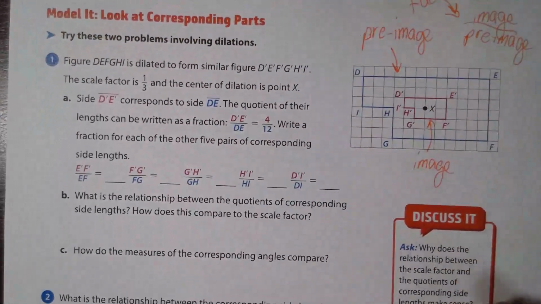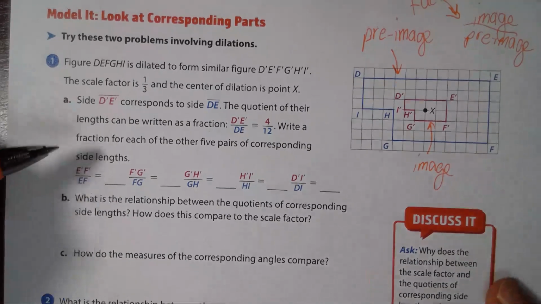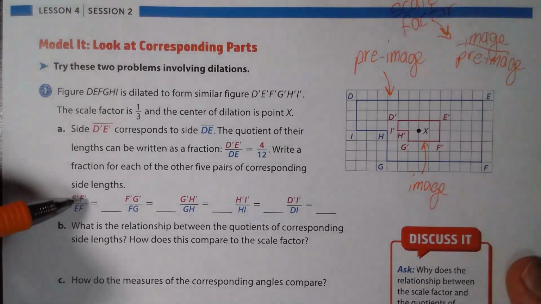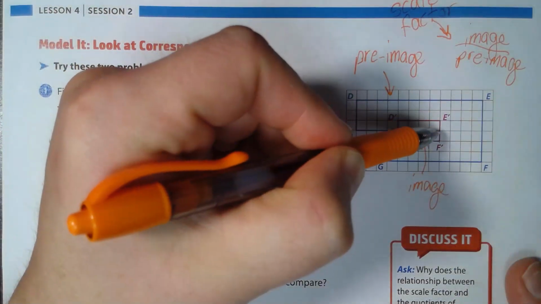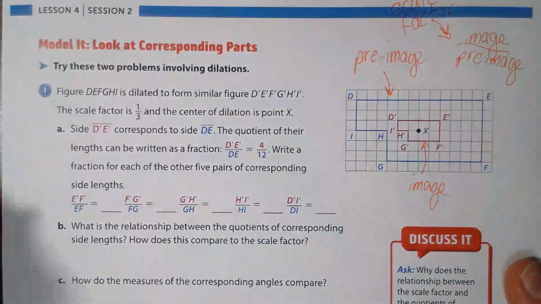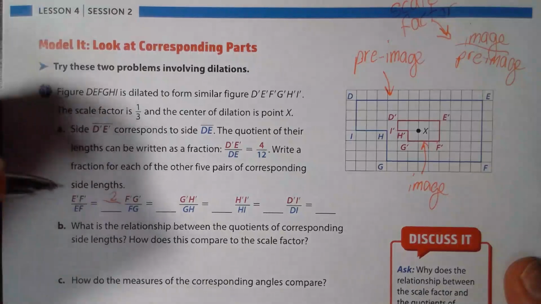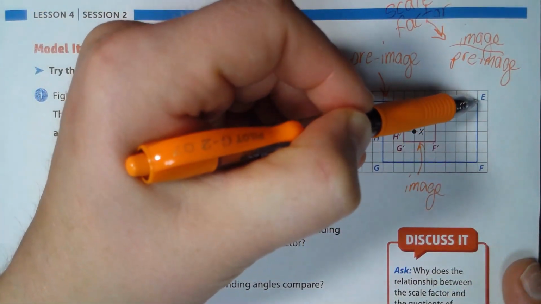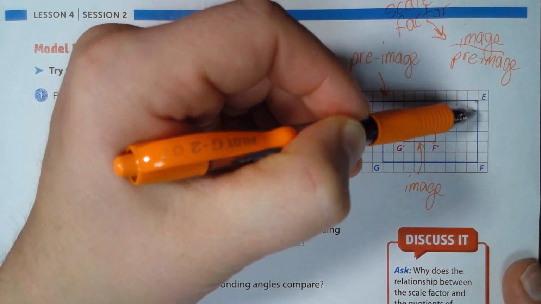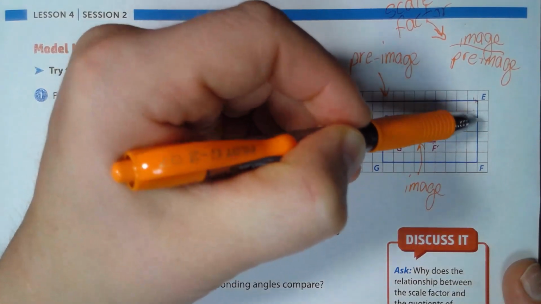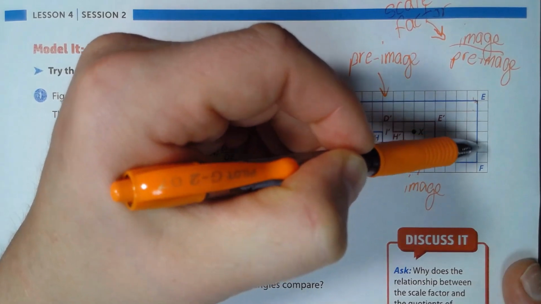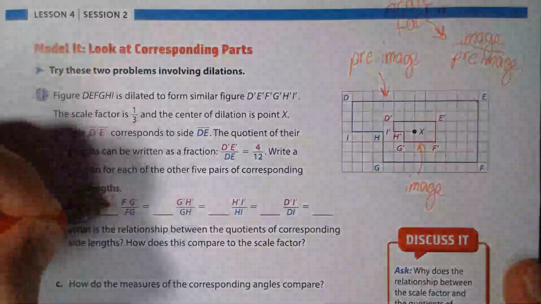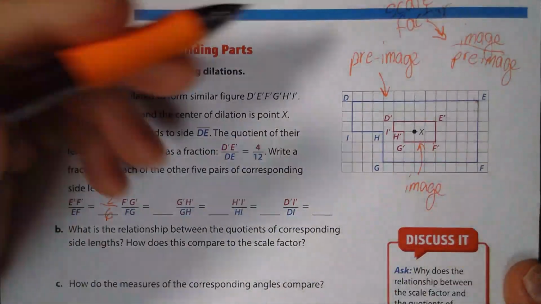Okay, so we can calculate the scale factor using any sides, comparing the image to the pre-image. For instance, E prime, F prime, that looks like it is 1, 2 in length. And please watch carefully how I'm counting here, because some of you need to fix that. Here we go. I'm counting boxes, right? I'm counting lengths. So 1, 2, 3, 4, 5, 6. 2/6.